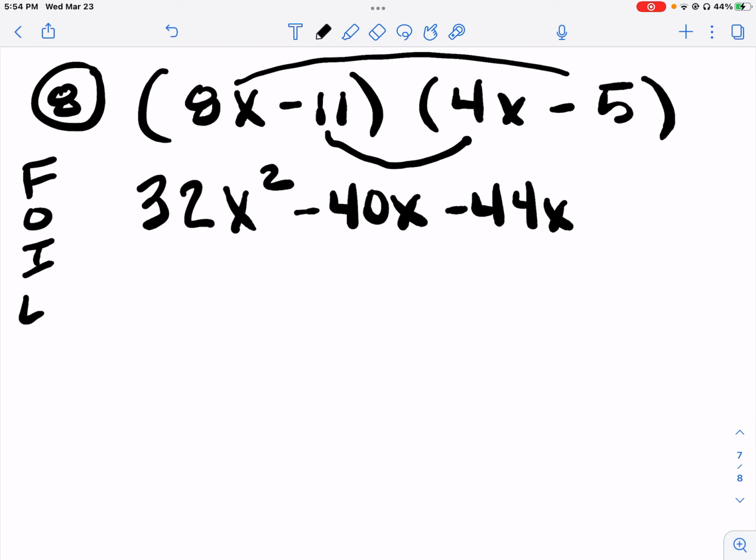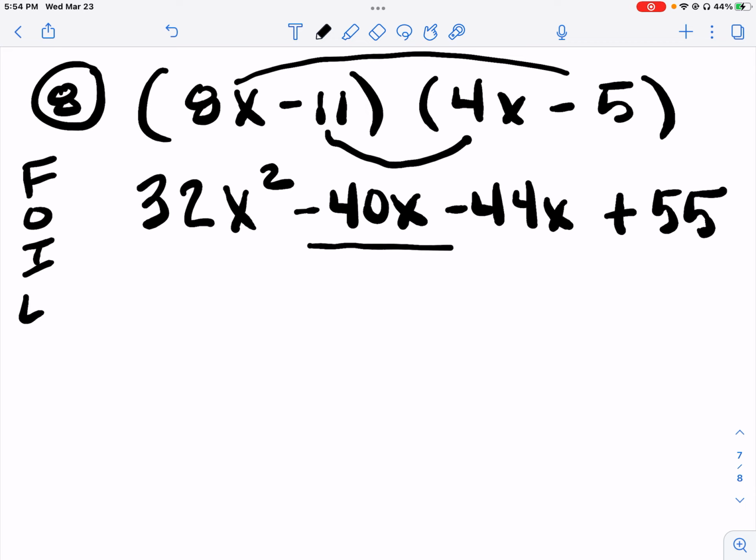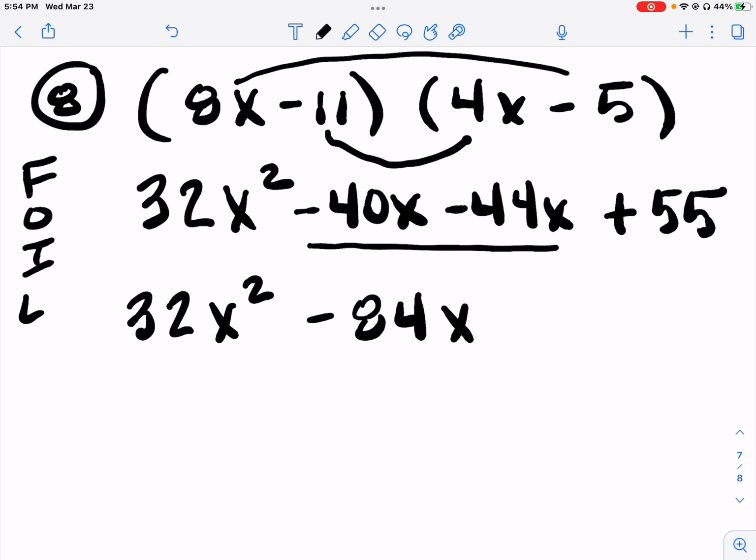Last, a negative 11 times a negative 5. Negative times negative, positive. Okay, minus 40 minus 44 is minus 84.